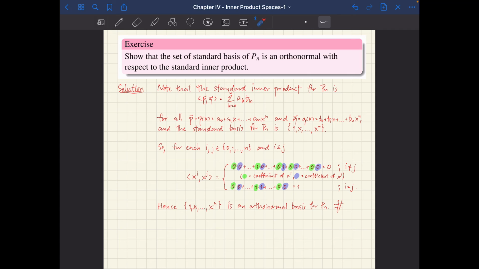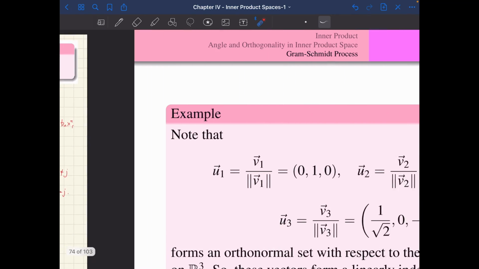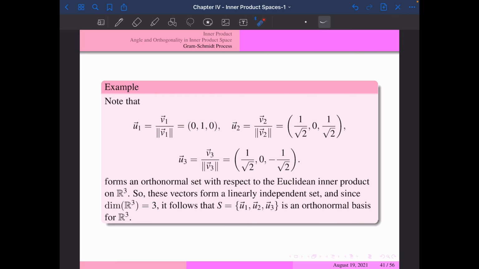This example is from Rn. We already showed that u1, u2, and u3 form an orthonormal set with respect to the Euclidean inner product on R3. Because the set of u1, u2, and u3 is orthonormal, this implies that the set is linearly independent. Moreover, the dimension of R3 is equal to 3.